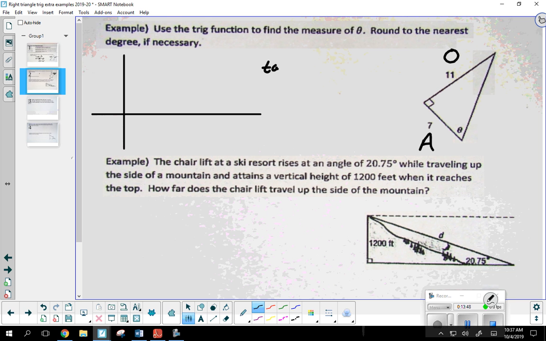So I would say tangent of theta, whatever that angle measure is, should give me the opposite 11 over the adjacent 7. Now I want to take the inverse. So again, I'm taking those quantities and I'm going to switch them. So the tangent inverse of the side ratio, 11/7, should give me theta.